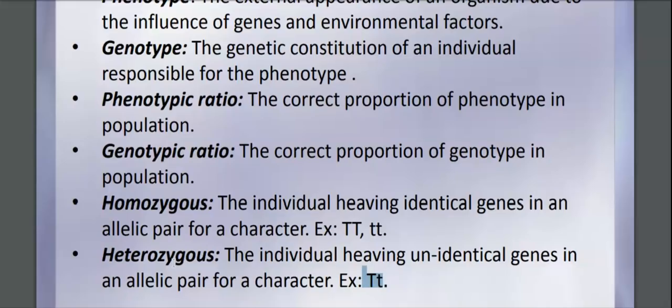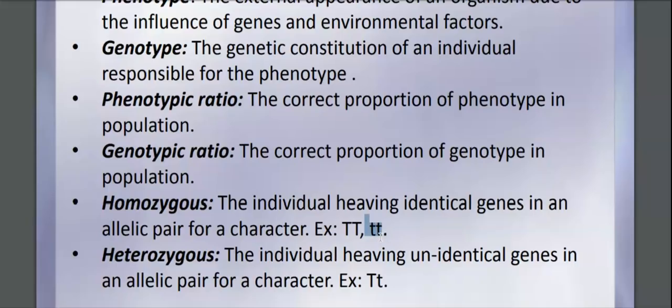That's why they are called heterozygous tall. So it is tall because it has the dominant allele, but it is heterozygous because there are two different alleles or forms of a gene in this gene pair. Whereas this individual we will call homozygous dwarf, because it has both recessive alleles.